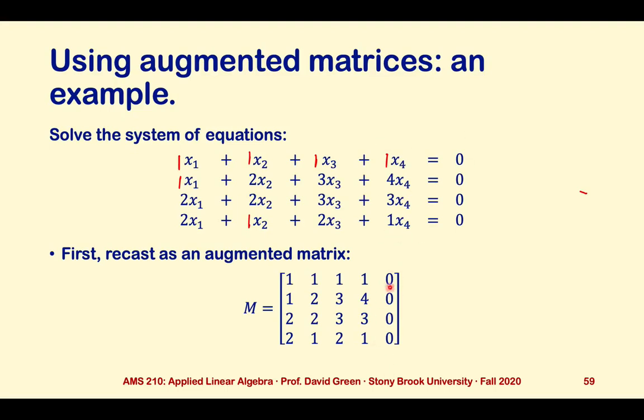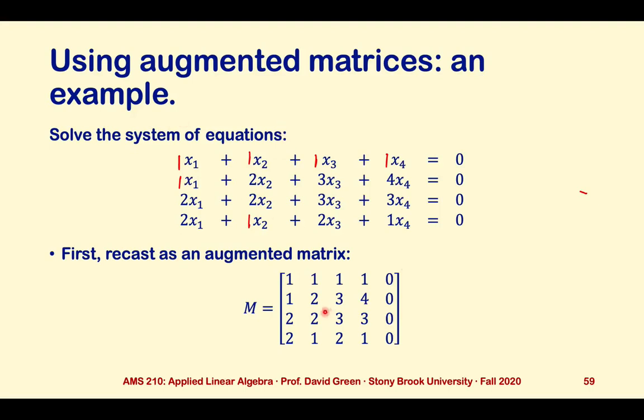And the final column is the right-hand side, which in this case I have set up as all zeros. This is a special kind of linear system known as a homogeneous system that we'll dig into more later in the semester. This is all it takes to rewrite the augmented matrix.